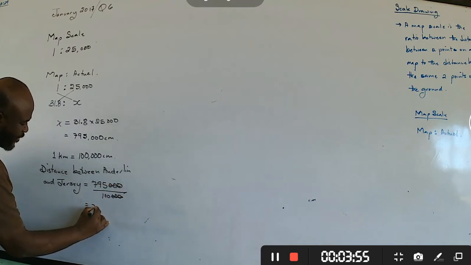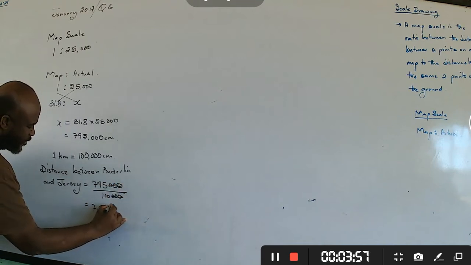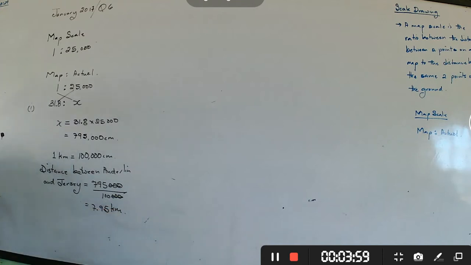This is 7.95 kilometers. The distance between Andelin and Jersey is 7.95 kilometers. Did you get it? Yes, sir.